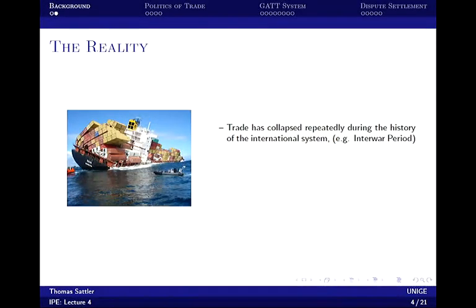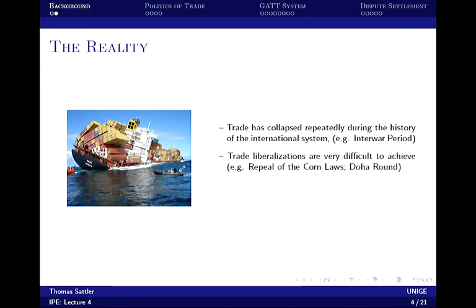But that's not the case, as we've discussed in week 1 and later. The trade system has repeatedly collapsed during its history. We talked about the Smoot-Hawley tariff in the interwar period, and the imperial preference system imposed by Britain in the 1930s. So this should not happen if everybody is happy about trade.